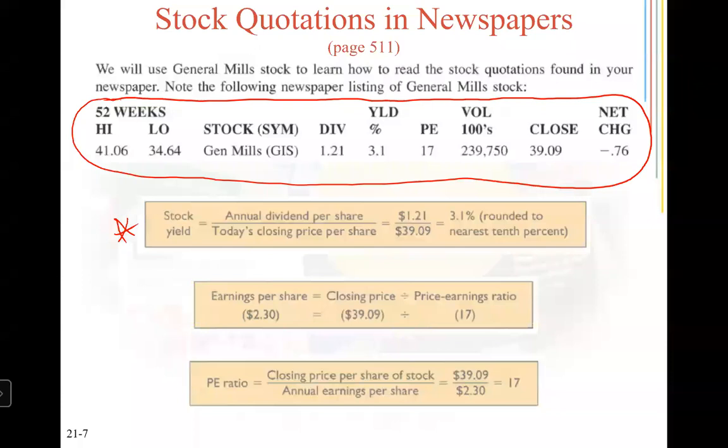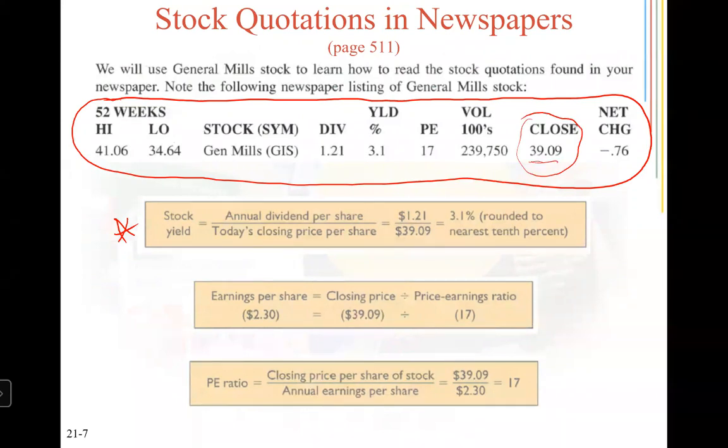You'll see where it says close. The closing price is $39.09. So even though the high and low range from 41.06 to 34.64, today, if you wanted to buy that share, it is being sold for $39.09. That's the closing price.